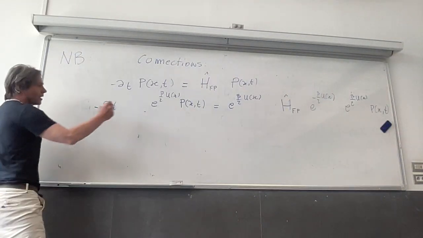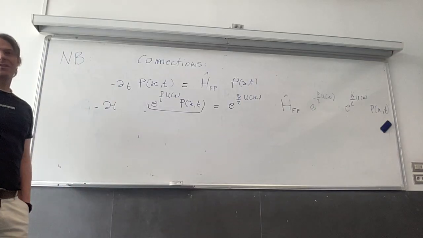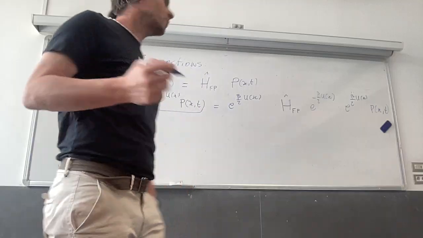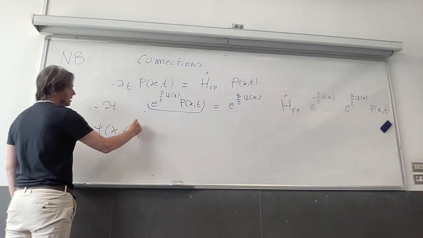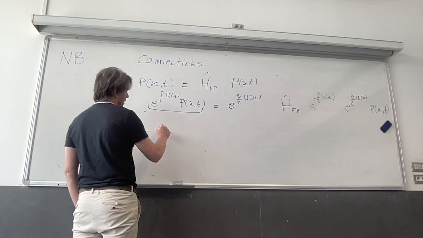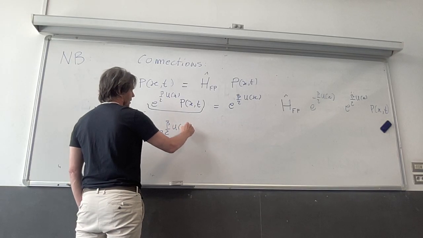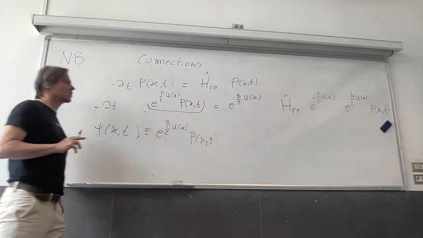Okay, so we give a name to this structure here. So this is no longer P, because it's a non-unitary transformation of a probability, okay? So we give it a name. We call psi of x t equals e to the beta half u of x, p of x t. And it's a definition. There's nothing to understand here.